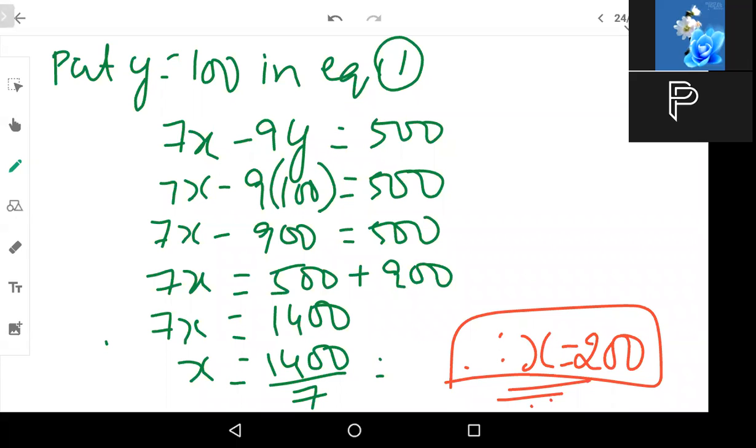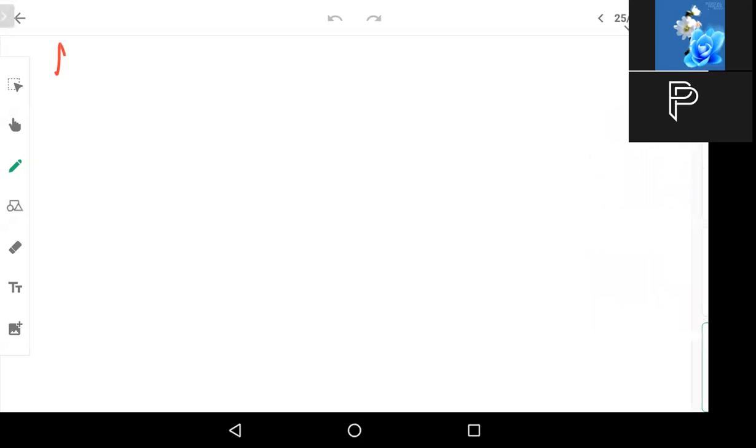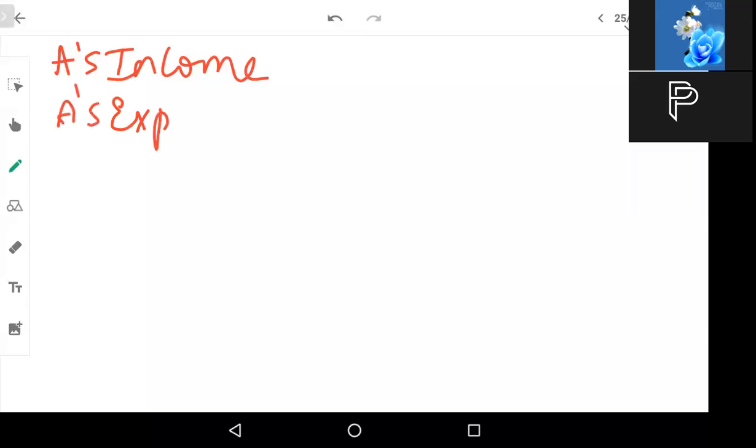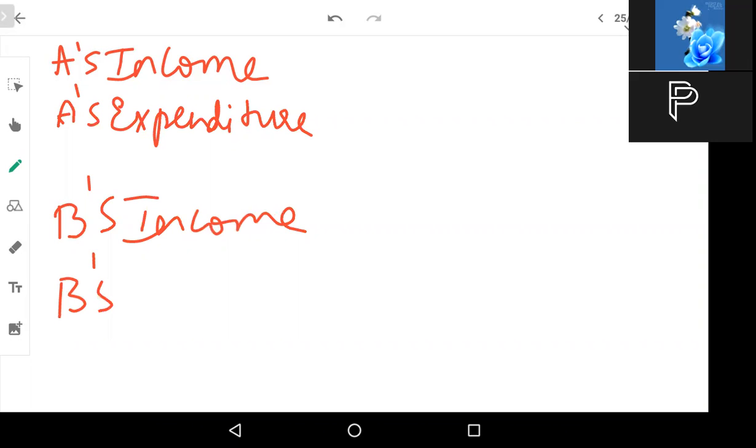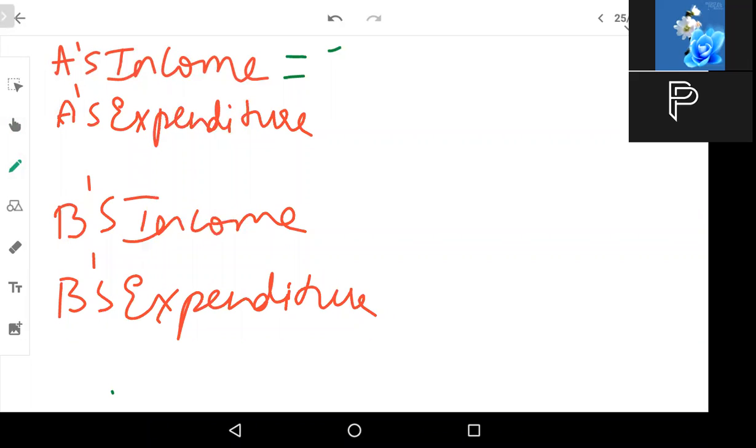Okay. Now let us define the incomes and expenditures. A's income, A's expenditure, B's income, B's expenditure. Now here we should take the original definition, whatever we had given. So what is A's income that we had derived? 7x.